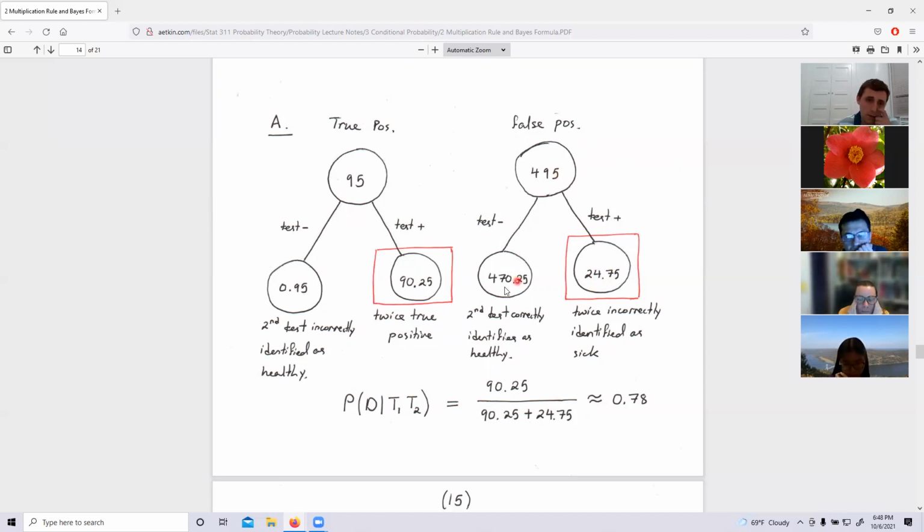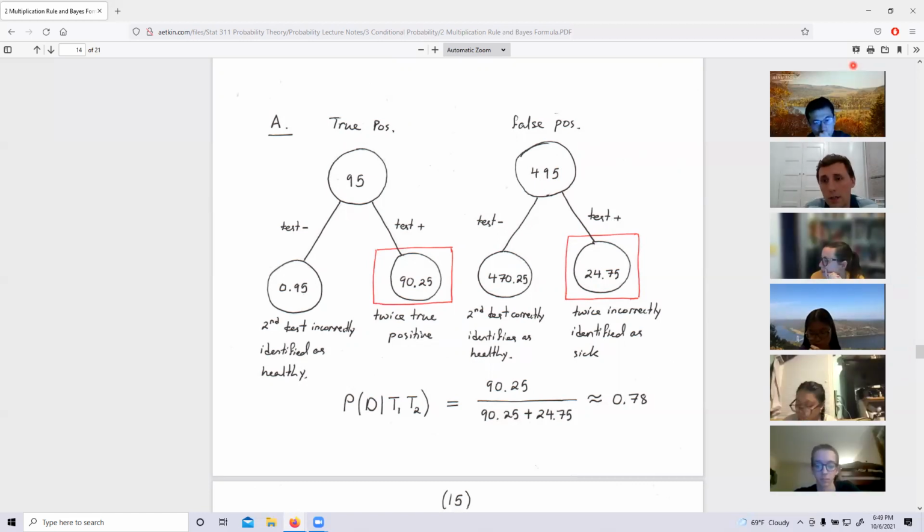So now, if Vasya has the disease, he is in this number, divided by the total of this plus that, which is about 78%. So now the probability that Vasya has the disease is 78%, if the second test is also positive, independently of the previous one. Yes? Make sense?